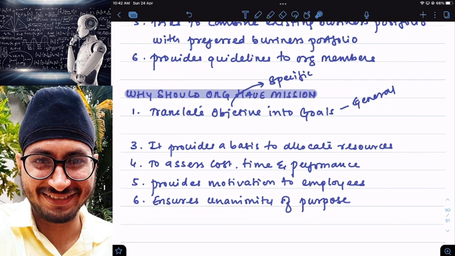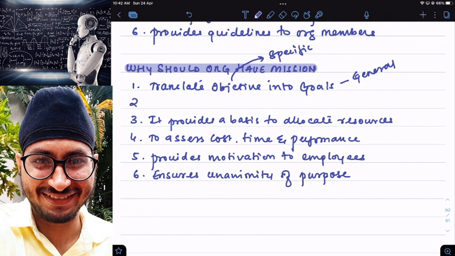You want to clear CA Inter, goal. You want to clear CA Inter, both groups in May 2022 exams, objective. Objectives will help me to achieve my goal.